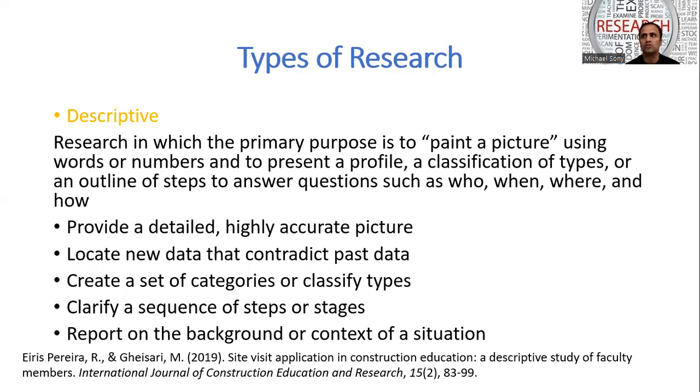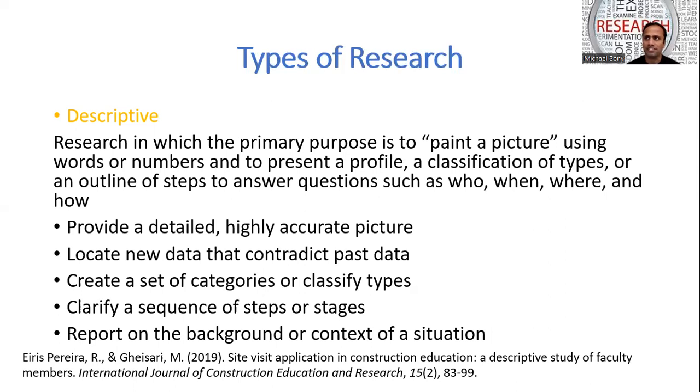of what constitutes workplace sexuality and what does not. What are the positive sides of it and what are the negative sides of it? We need to describe this. So you provide a detailed and highly accurate picture of this phenomenon of workplace sexuality. Locate data where exactly it's happening. Is it on the shop floor? Is it at the middle management level or at the top management level?